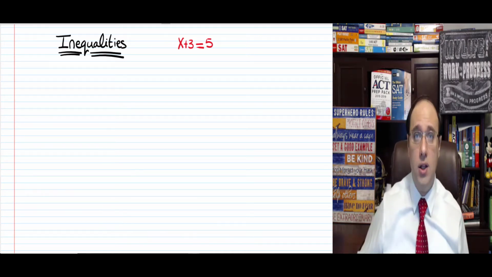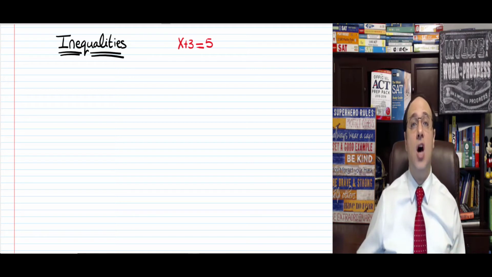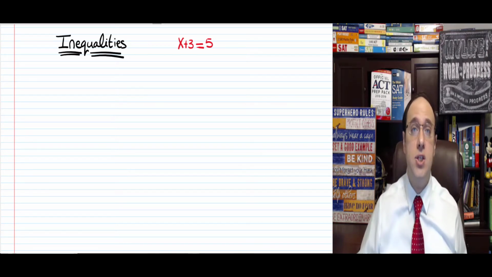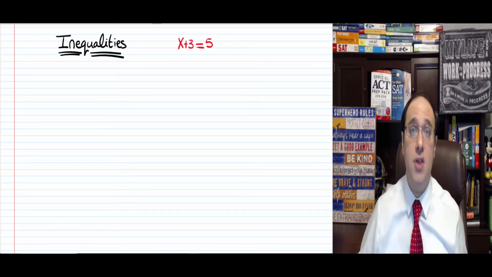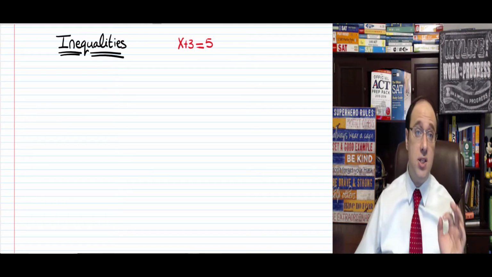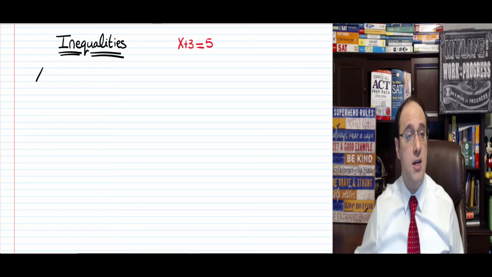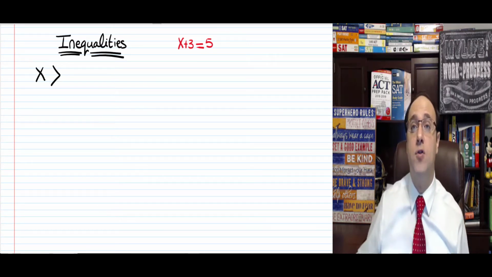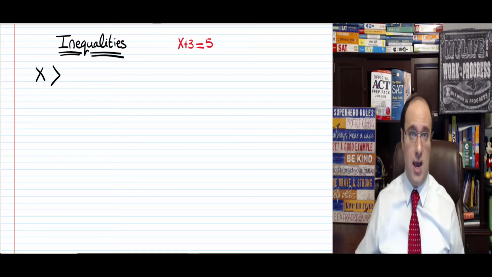An inequality, on the other hand, does not have an equal sign. This means that the left-hand side and the right-hand side do not equal each other. Instead, the left-hand side and the right-hand side have a relationship of greater than or less than.